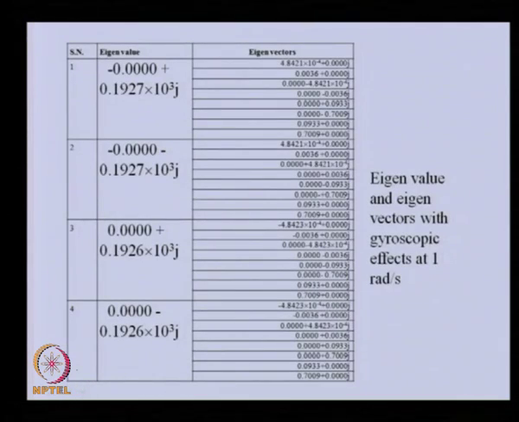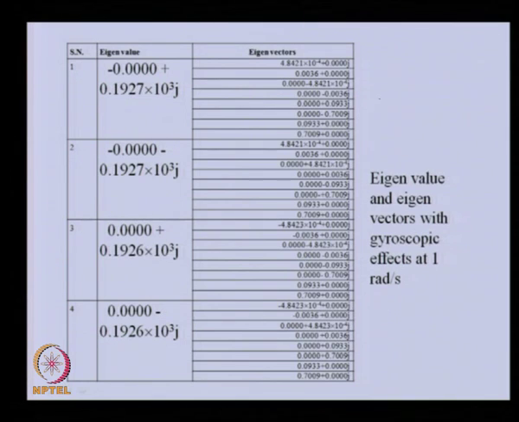And let us see how the eigenvalues generally we will get. So this is for one element. You can see that for one element, when we are considering very low speed, that is omega nearly 0, the 4 sets of eigenvalues are the same. These are complex conjugates, but another set is there having the same value.